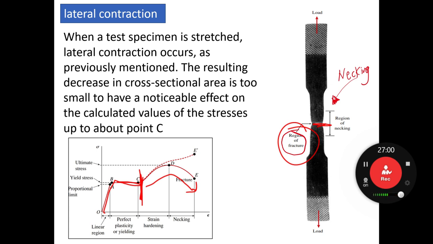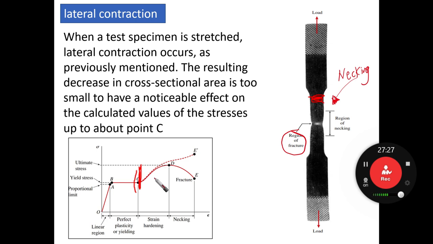I'm going to talk about this in the next video, but until point C, there is no decrease in the area, so we are dealing with the whole area of the specimen. But when we reach point C, we are going to find that the area of the cross section is going to change.